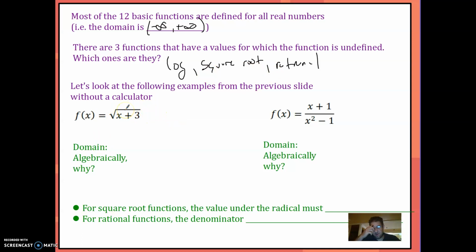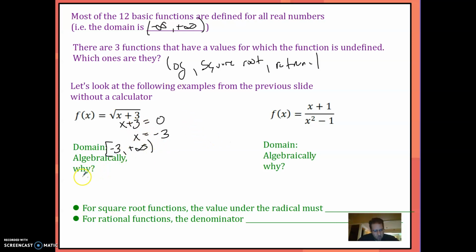And so the square root function, in this case, the domain for this question. If you were going to set this equal to 0, that becomes x equals -3. So in this case, the domain has to be from -3 towards infinity, and it does include -3.